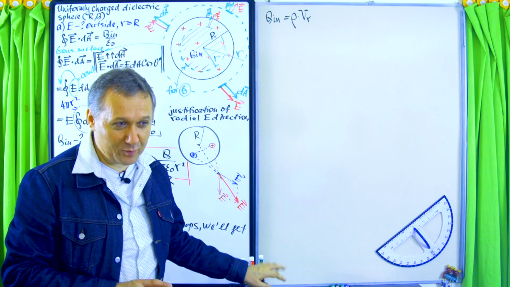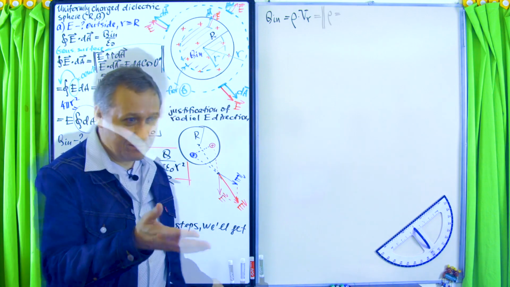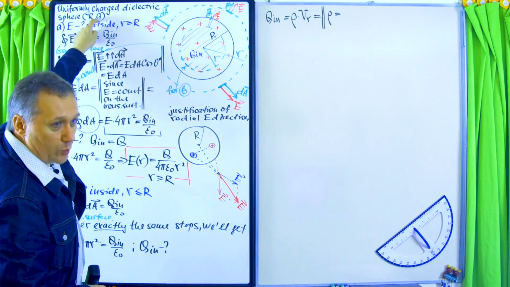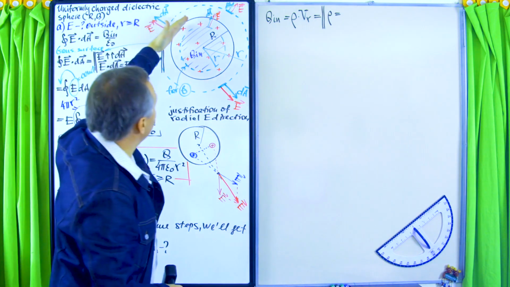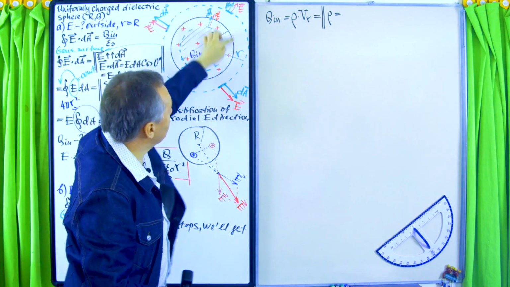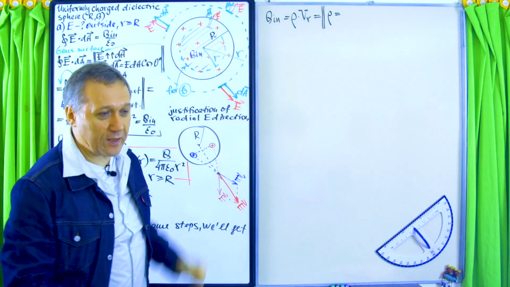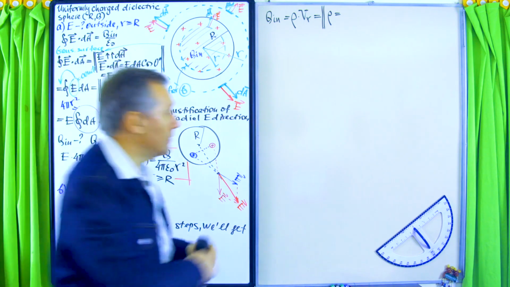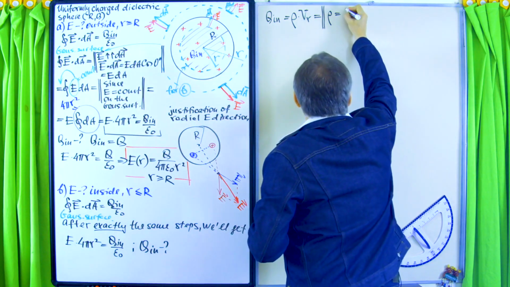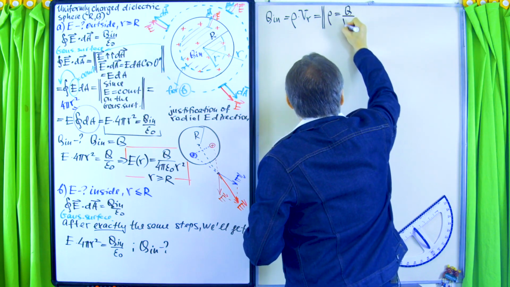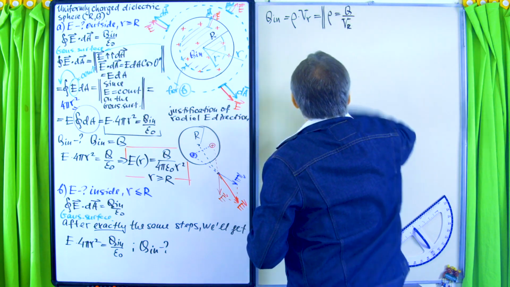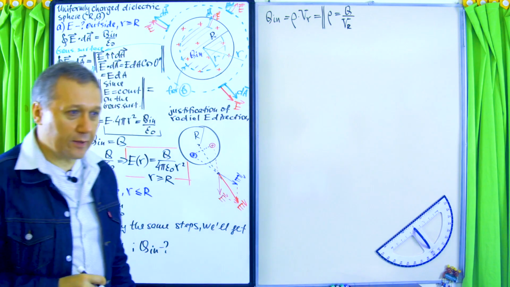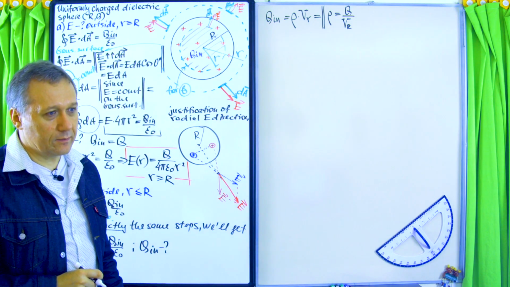But can we find the volume charge density? We know the total charge Q is uniformly distributed over the whole sphere of radius R capital. That was given from the very beginning. So it's Q divided by the volume of the sphere with radius R capital.